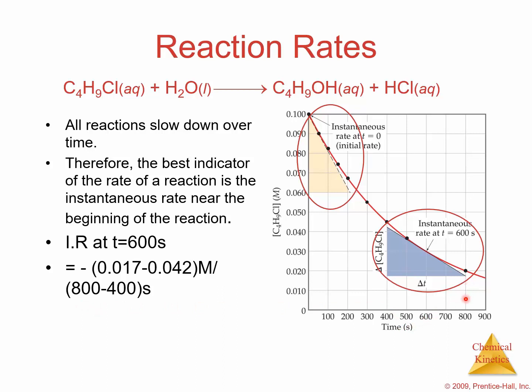You see here from 800 to 400, 0.017 minus 0.042, and you will get this answer, 6.3 times 10 to the minus 5 molar per second. This is called the instantaneous rate.